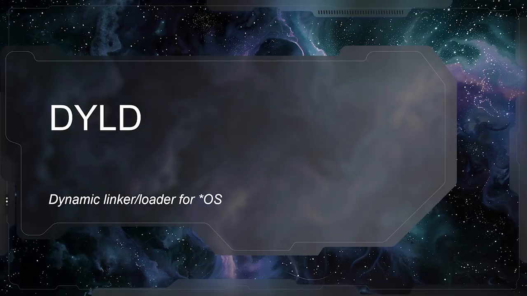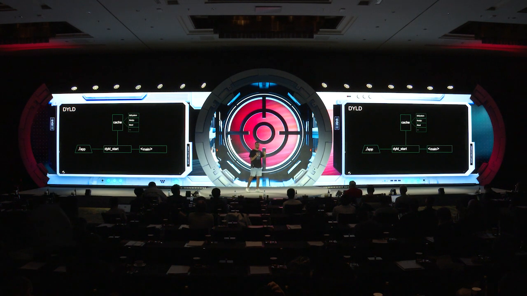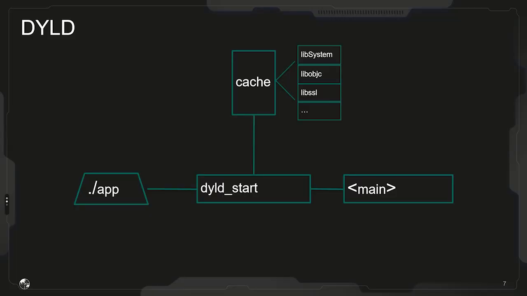In order to understand the technique in play here, first let me introduce the guest of honor, DYLD. It's the dynamic linking loader for OS X systems. So it's just the job of a loader. When you run any kind of application in macOS, the control of execution doesn't go directly to your main, your application binary. First, it's DYLD that starts.